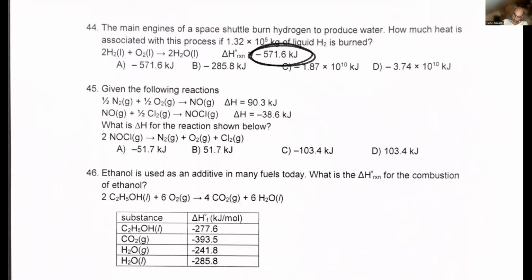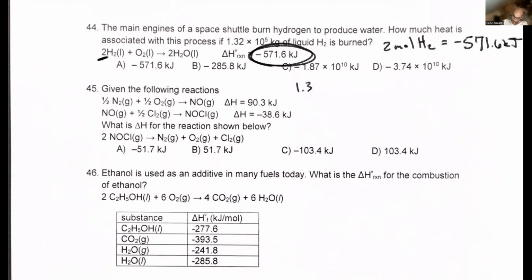The way that we can look at this amount of energy is based on the coefficient out front. So essentially, 2 moles of H2 is equivalent to producing negative 571.6 kilojoules of energy, releases that much energy. And so then this just becomes a stoichiometry problem.